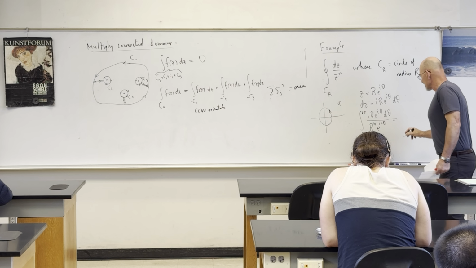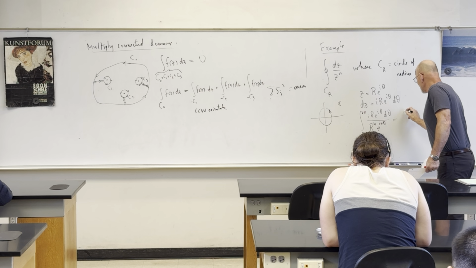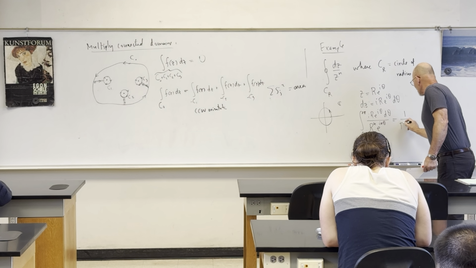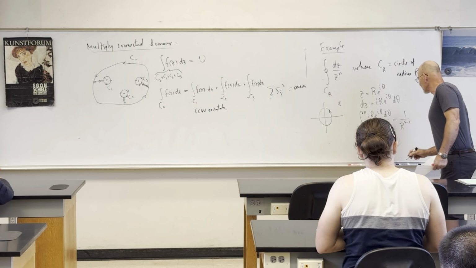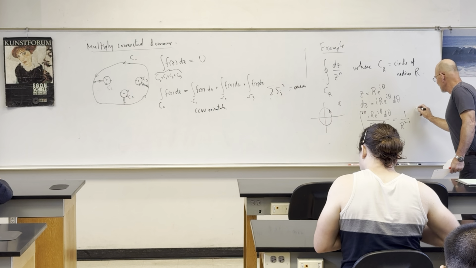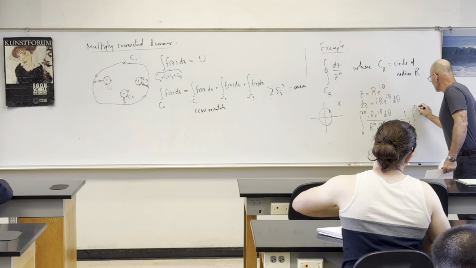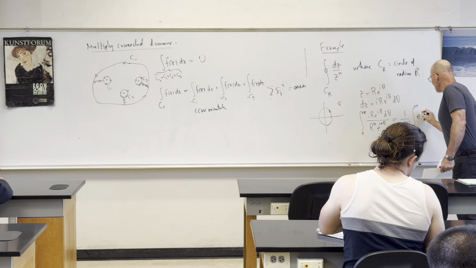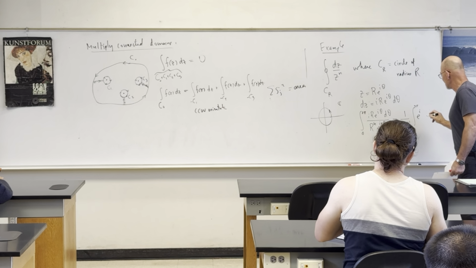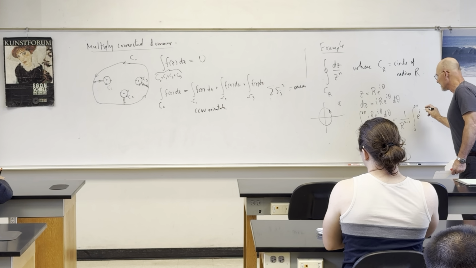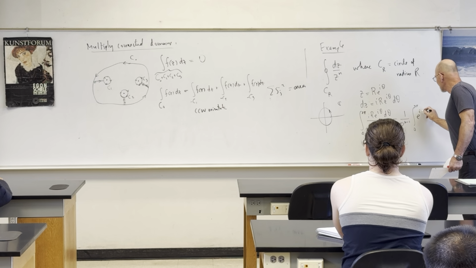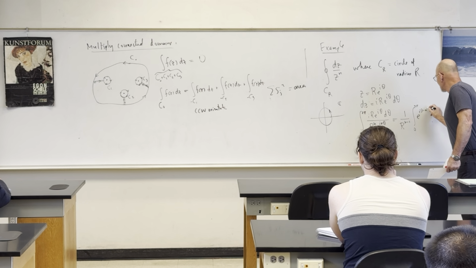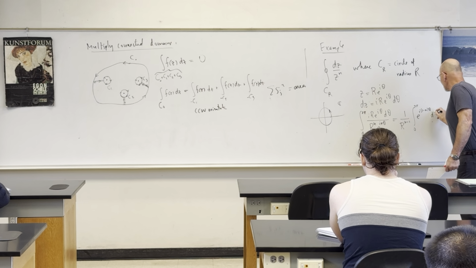So we can simplify this. We have 1 over r to the n minus 1 integral 0 to 2 pi e to the i (n minus 1 minus n) theta d theta.